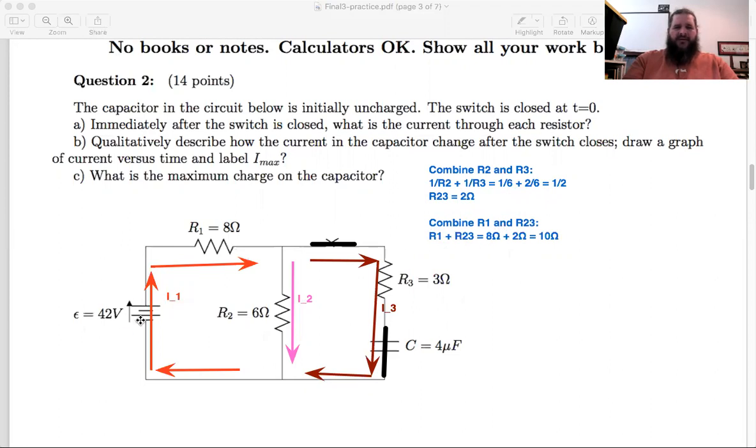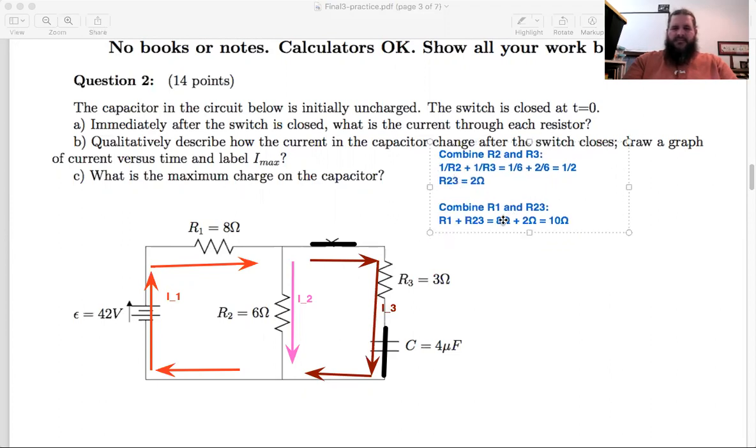And if you've got a 42 volt battery and effectively a 10 ohm resistor, then how would you find the current? You can say that epsilon equals IR.